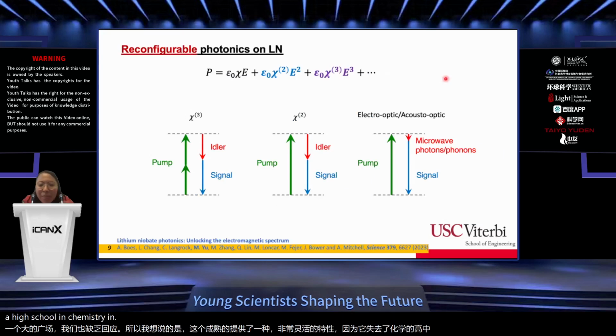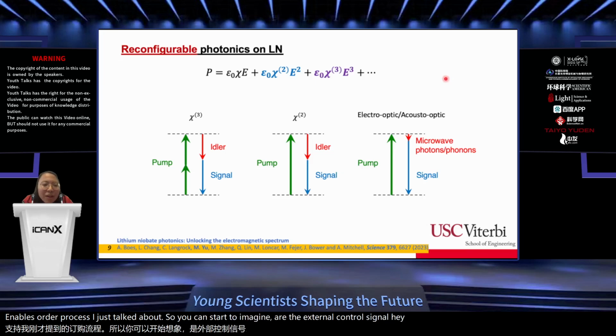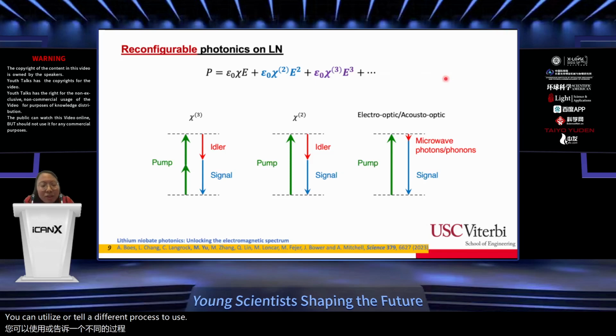It basically enables all the processes I just talked about. So you can start to imagine that you can utilize or tailor different processes to use different external control signals to control the optical light on chip.